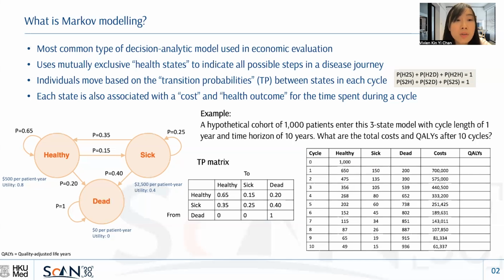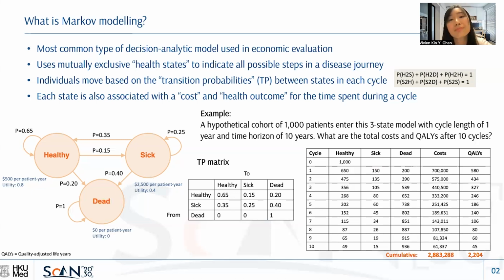So now we'll multiply the life years in each state by the utility weight specific to the state, and then sum up all of them together. Then we'll get 580 QALYs for cycle 1, and the logic is similar for the remaining cycles. Finally, we can sum up all the costs and QALYs in each cycle to obtain the cumulative values over 10 cycles.